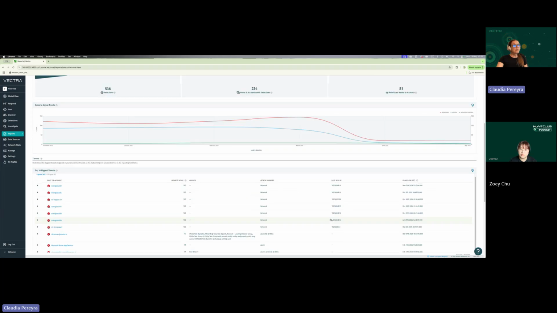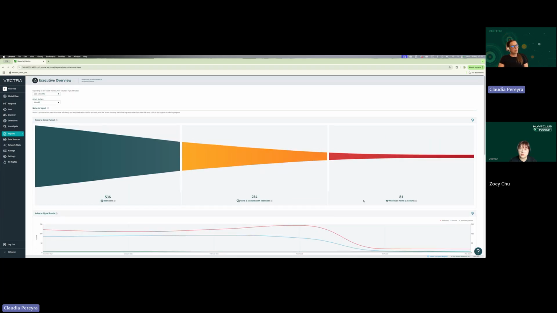So all of these widgets are really trying to answer that question of how is the Vectra platform working? What is it doing? What is it providing? And this is really just the first version of this report. We are, as we speak, adding more widgets that will provide even more insights and more information about what the Vectra platform is doing for our customers.